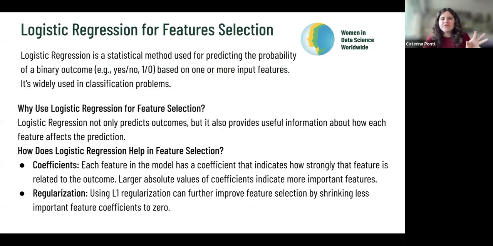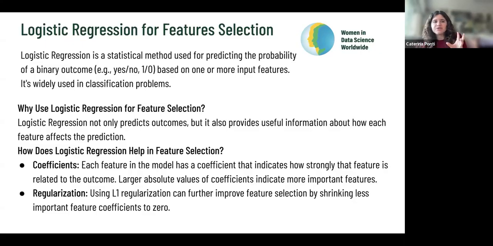So why use logistic regression for feature selection? Logistic regression not only predicts the outcome, but it also provides useful information about how each feature affects the prediction. It gives us information about which variables are the most important in predicting the variable, and gives us coefficients. So how does logistic regression help in feature selection?